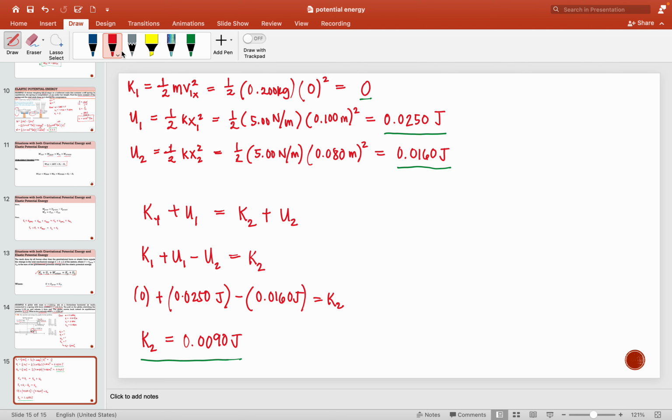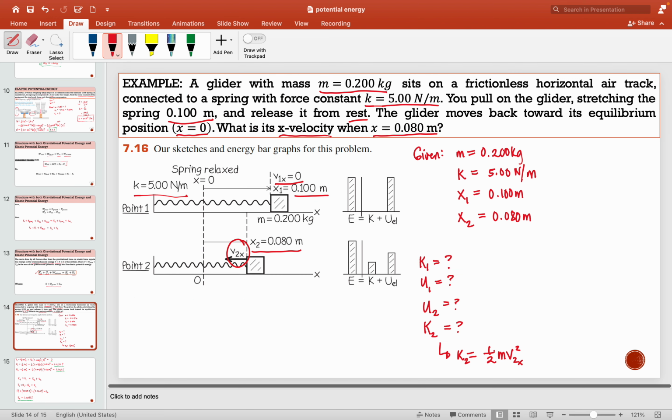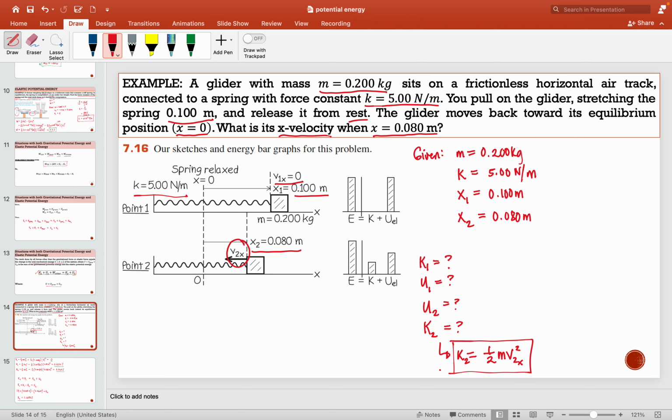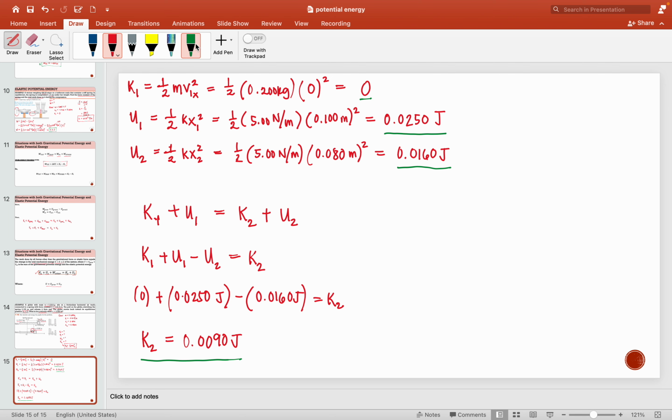Okay. So now the last one is, again, we will be solving for V sub 2 using this equation right here. Okay. So now we have K2 is equal to 1/2 m times V2x squared. Okay, so solving for V sub 2, we need to divide both sides by m and multiply both sides by 2.